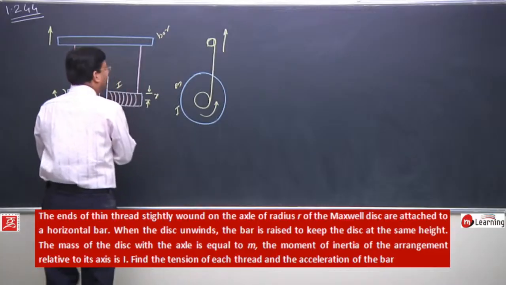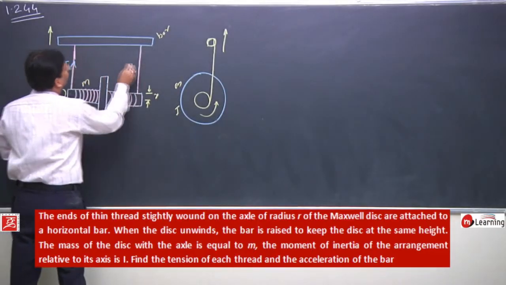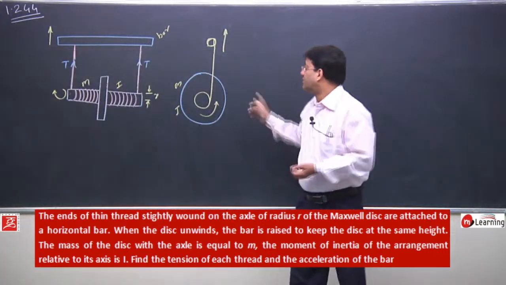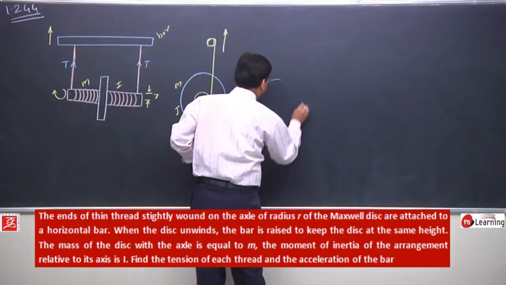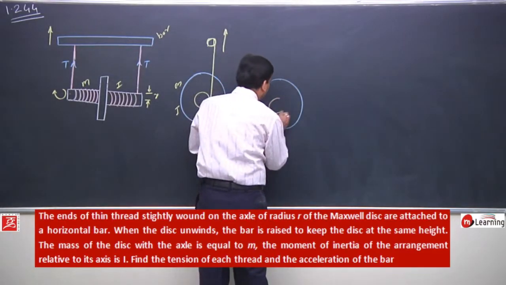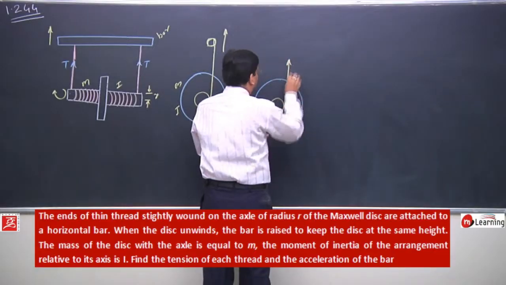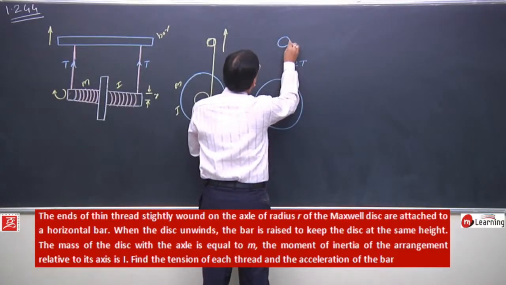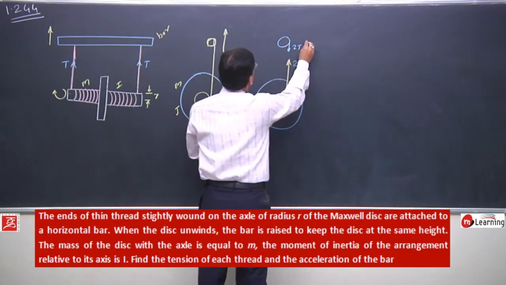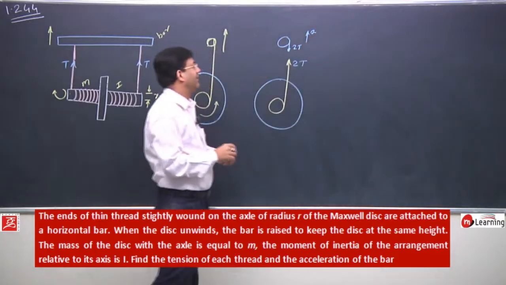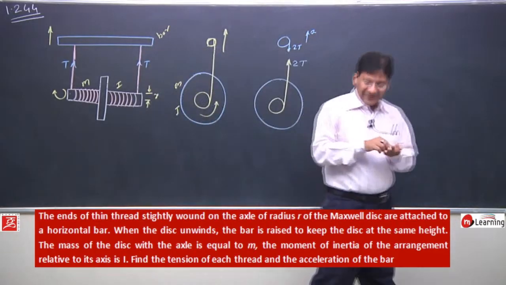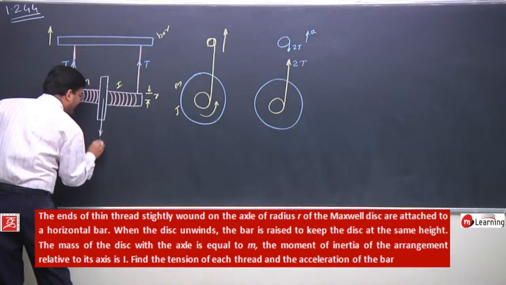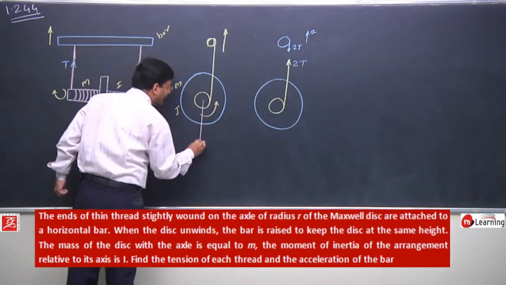Now let us say the tension in each thread is T. If I look at the free body diagram, I will see the tension in these two threads as 2T, with some acceleration a for the bar. Its gravitational force mg would act vertically downward like this.